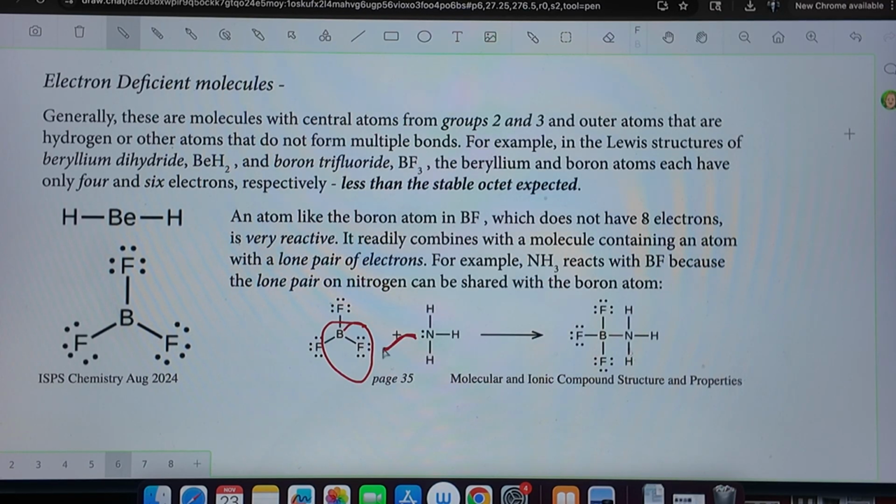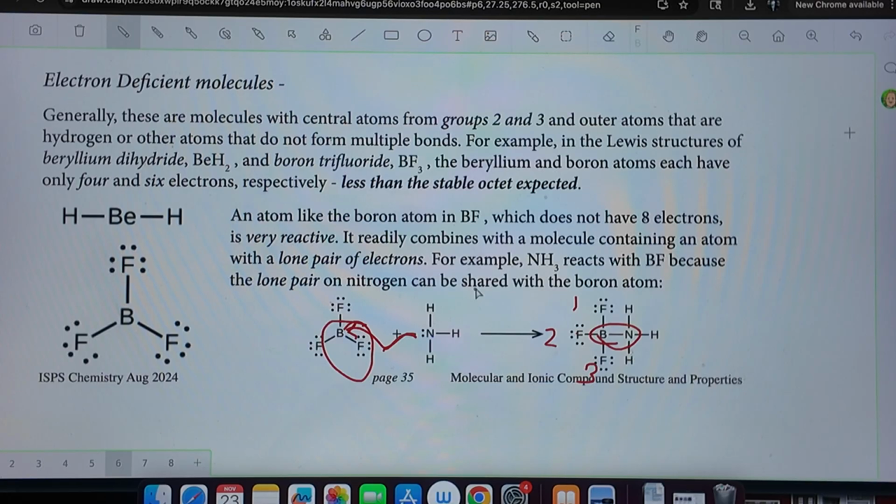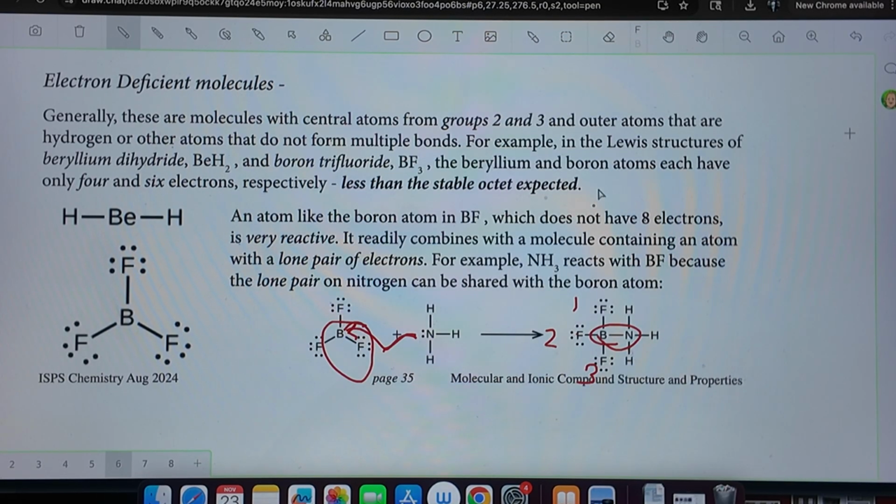Oh, so this attacks here, and what happens is it forms a bond here, and these three fluorines remain. The nitrogen still has its three hydrogens, so it just shares its lone pair with boron. That is kind of obscure. This is not common at all. This is not something we normally see.